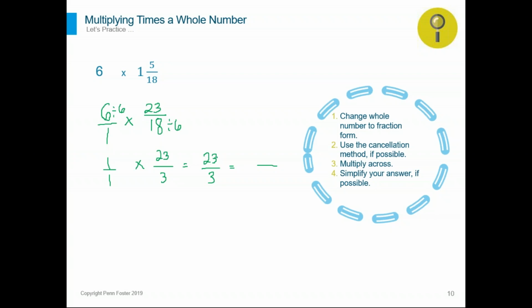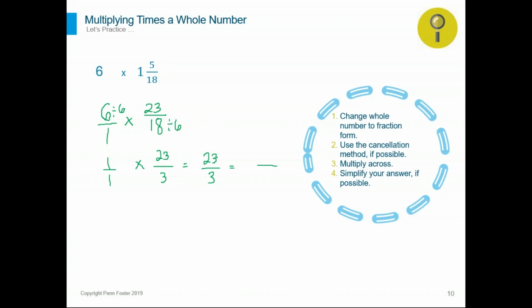So think about the multiples of 3 and what number you can get so close to 23. If you're not sure, you can use a calculator. You can divide 23 divided by 3 and hit the equal sign. It will give you a whole number and a bunch of decimals. Ignore the decimals and take that whole number part.